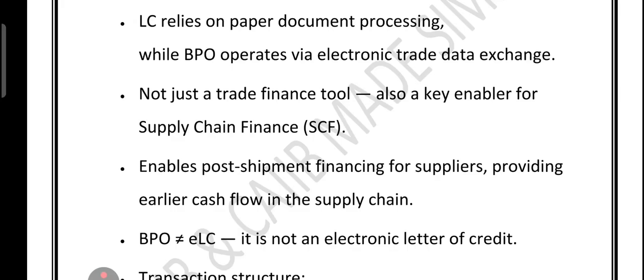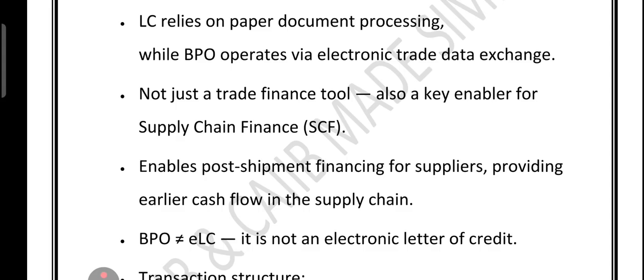That means the supplier can get post-shipment financing. Basically, the supplier can receive payment earlier, improving their cash flow while the goods are still moving through the supply chain. After shipment, the supplier can get the finance.